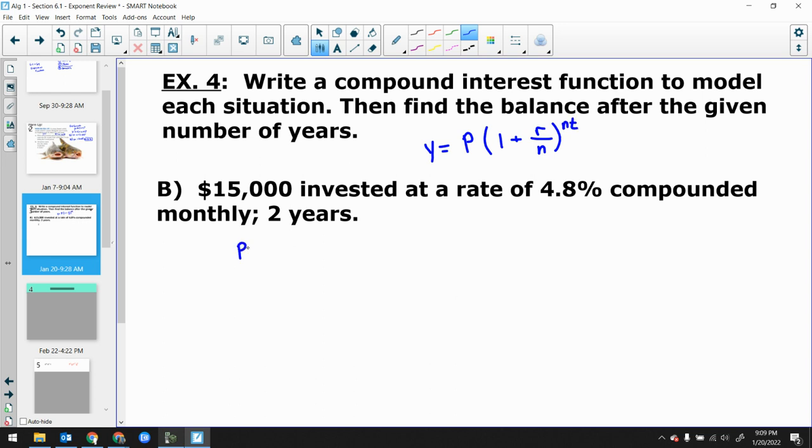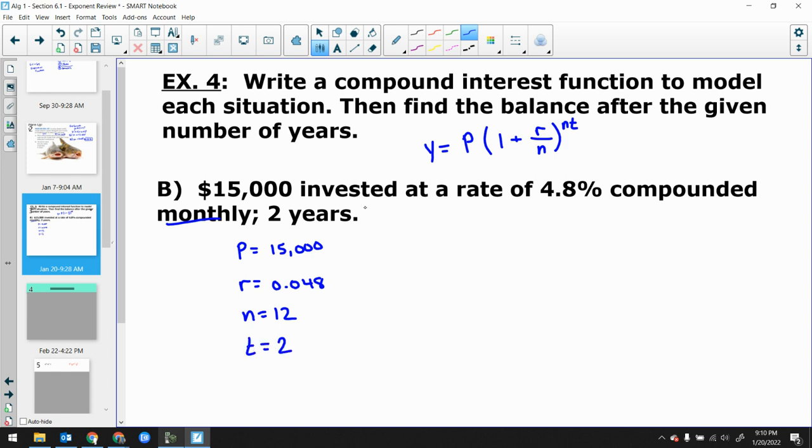So in this particular one, I'm investing $15,000. My R is, nope, not 0.48. That'd be 48% interest. Ooh, take my money. It's 0.048. And then N, since it's compounded monthly, how many months are in a year? 12. And I'm going to do it over the course of 2 years.